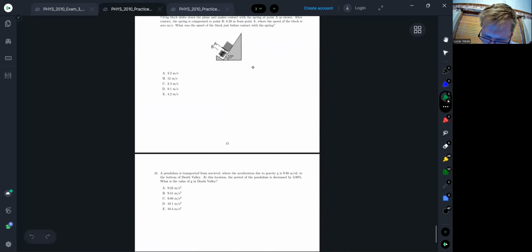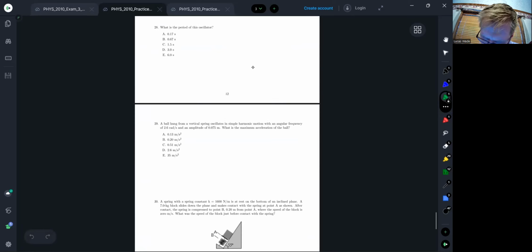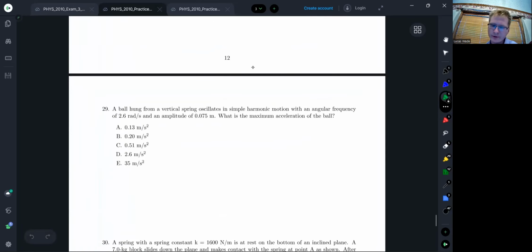So I guess none of these are strictly like that, but this one had a ball hung from a vertical spring oscillating in simple harmonic motion. What's the maximum acceleration of the ball?